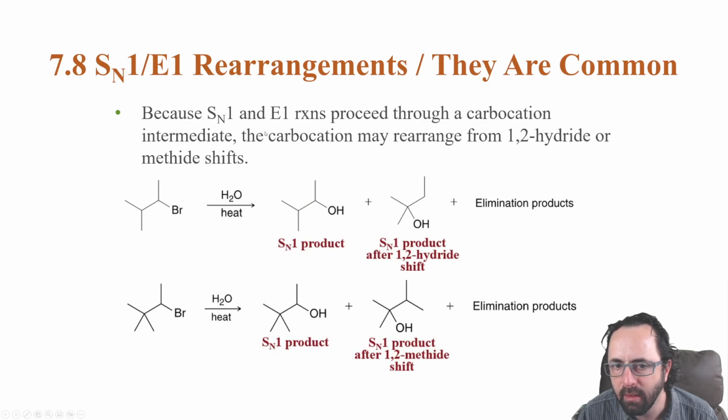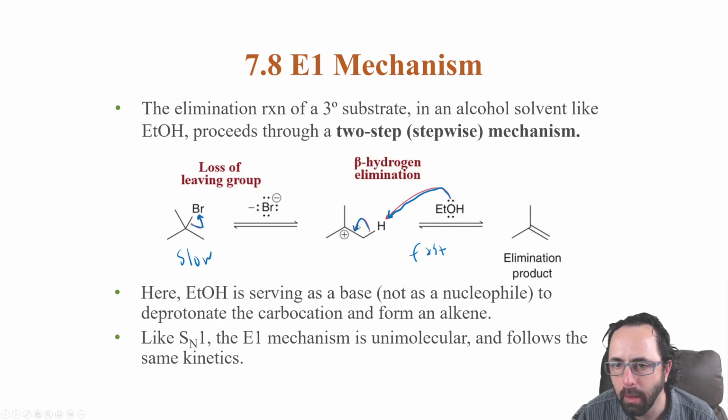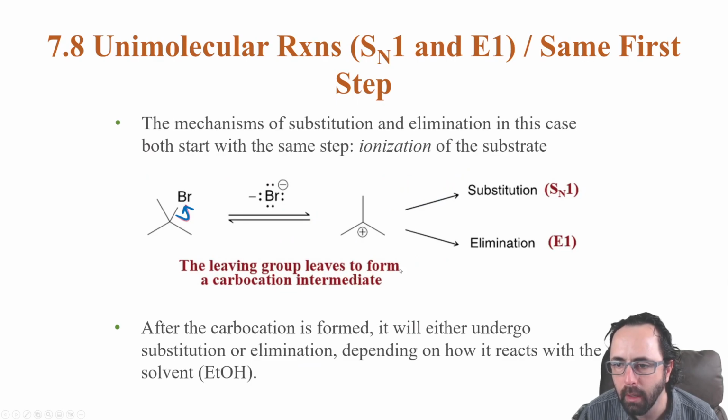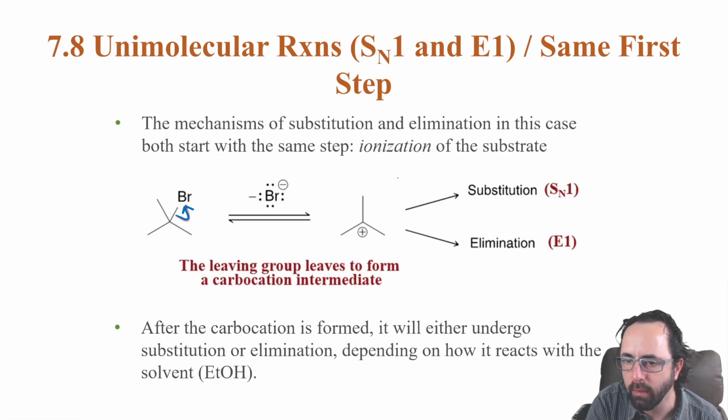Now, because the SN1 and E1 reactions will proceed through a carbocation intermediate, the carbocation may also undergo a rearrangement here. In the case of the SN1 mechanism, if we have a nucleophile here, this nucleophile will simply do a nucleophilic attack.